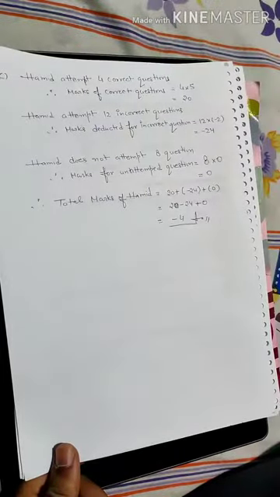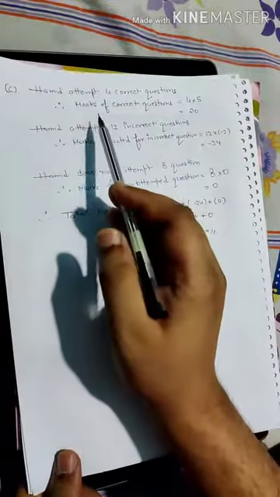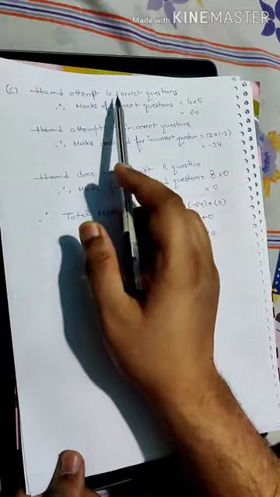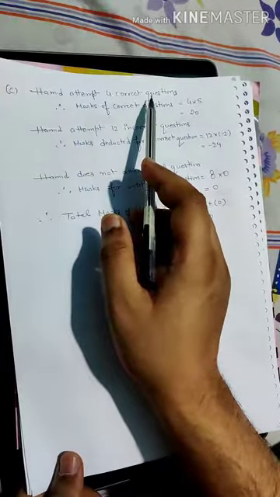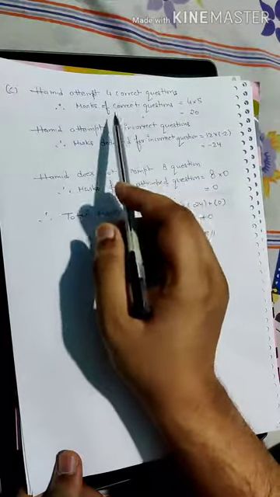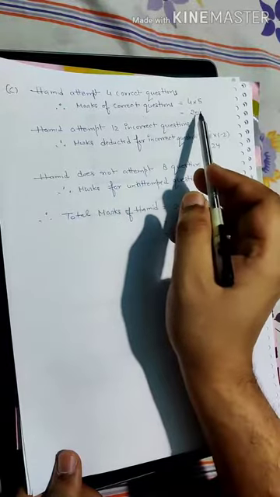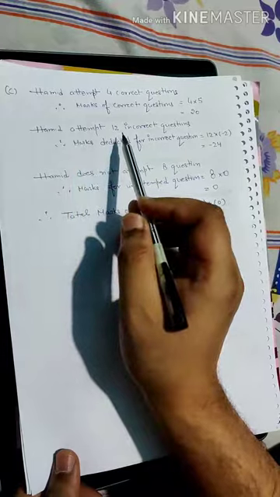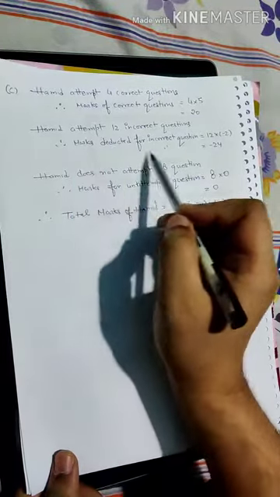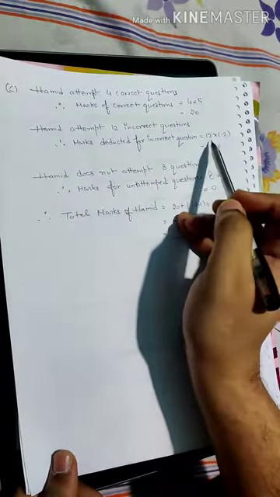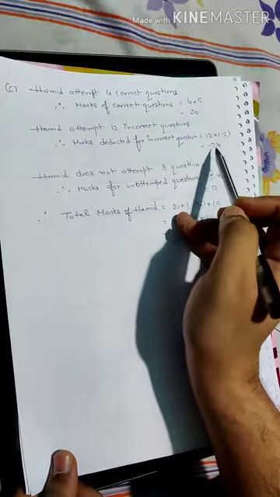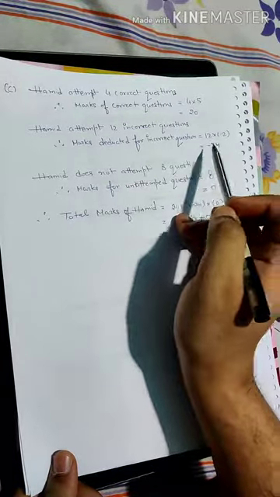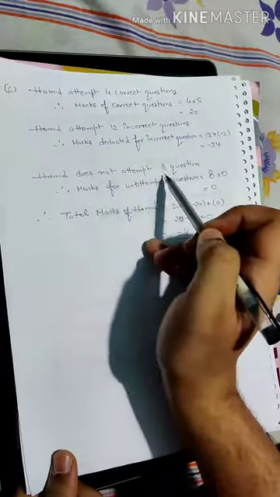Okay, so part C says that Hamid attempted 4 questions correct. So marks for correct questions is 4 into 5, which is 20. Hamid attempted 12 incorrect questions, so marks deducted for incorrect questions is 12 into minus 2, which is minus 24. And Hamid does not attempt 8 questions.